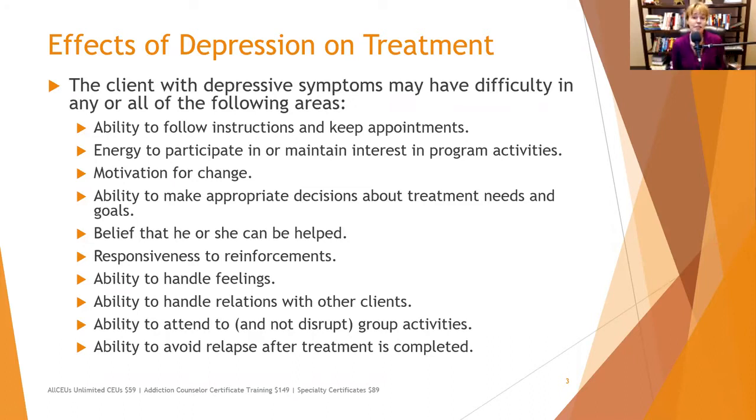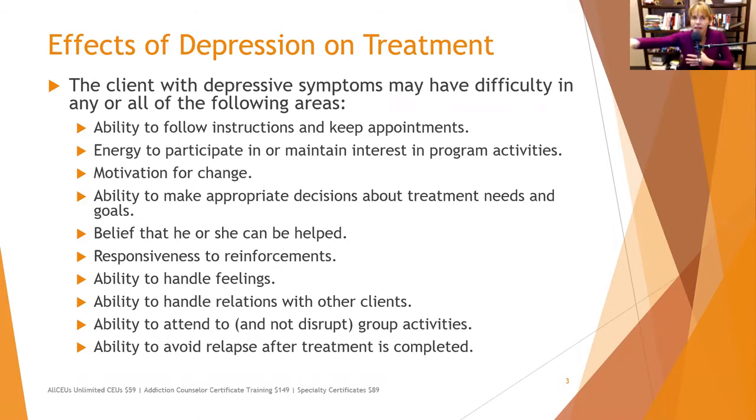They may not have the ability to handle relations with other clients. They may be irritable, have low patience. That's okay. We want to work with them on, help normalize how they feel, but then develop the skills in order to prevent turmoil.